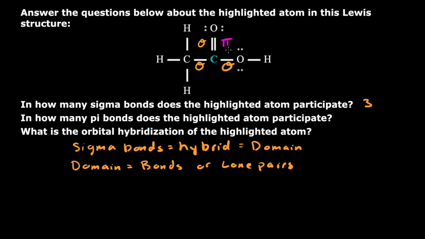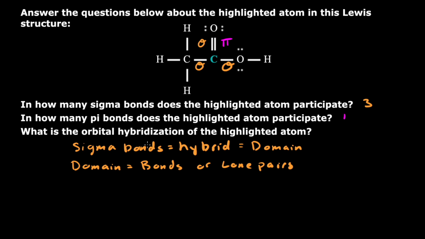A pi bond is basically a p orbital that goes above and below the sigma bond, because the sigma bond goes straight across from this carbon to this oxygen. To make a double bond, we have to go above and below, because this is in three dimensions, not a two-dimensional bond like this. So we have 1 pi bond, and 3 sigma bonds.